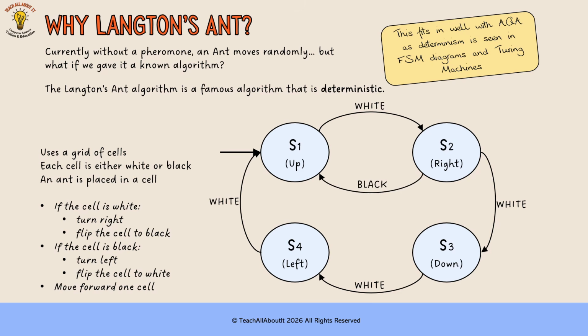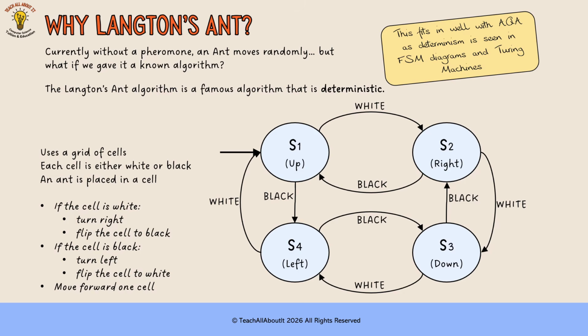So if you are at state 2, you're then going to be facing back up to the up. State 1 will then go over to state 4. State 4 goes back to state 3. And state 3 goes all the way back to state 2. So we have our clockwise motion and our anti-clockwise motion.